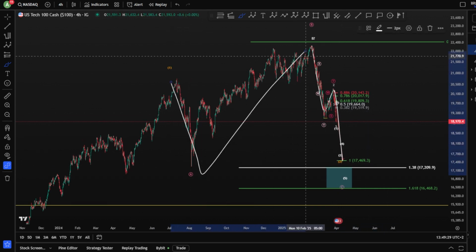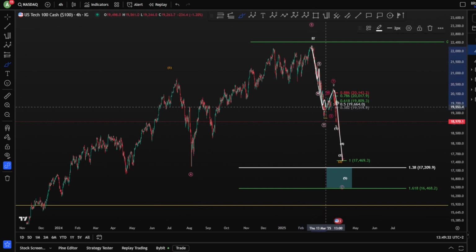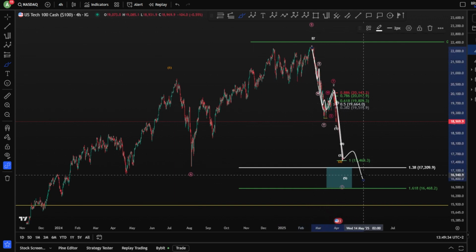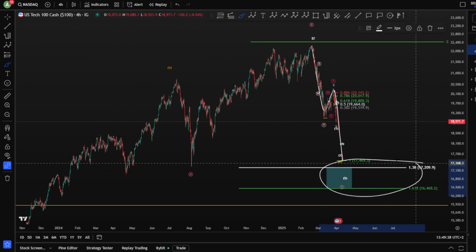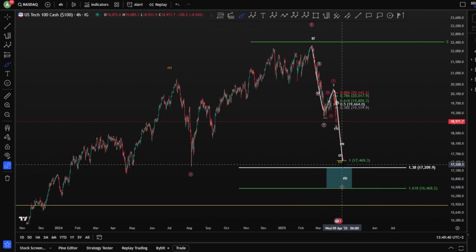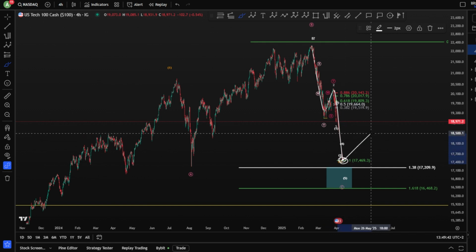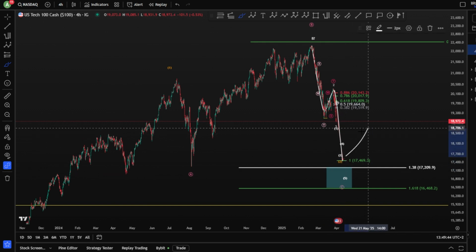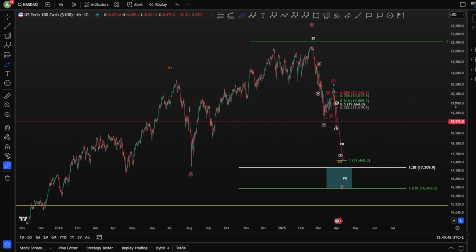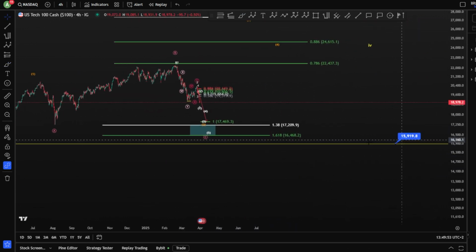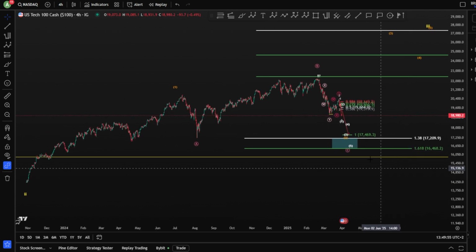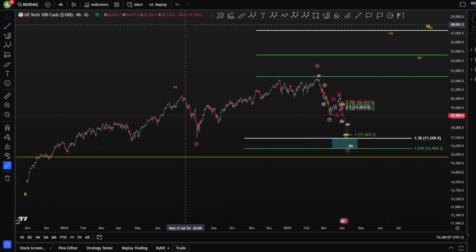Potentially, there is also a potential impulse here, 1, 2, 3, 4, and a 5, and therefore we can take it as well, between the 1.38 and 1.618 fib levels, but to be retested first on this area for a bullish scenario in case we reverse the market. Don't forget that lower than these fib levels is going to be the 16K, which is a signal for a bigger recession.